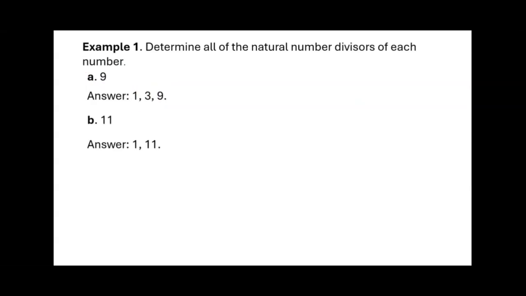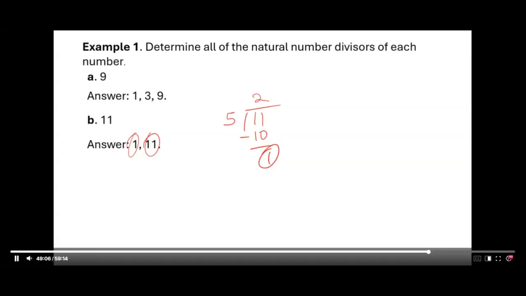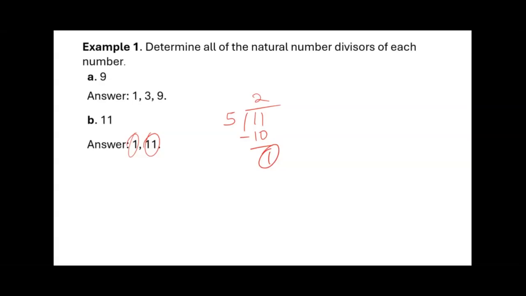The next example is 11. 11 is actually a special number because you can only divide it evenly by 1 and by 11. And remember that when I say evenly, I mean that the remainder is 0. If I try to divide 11 by any other number less than itself, let's say 5, it fits twice, but there's a remainder of 1. So it doesn't really divide it evenly.